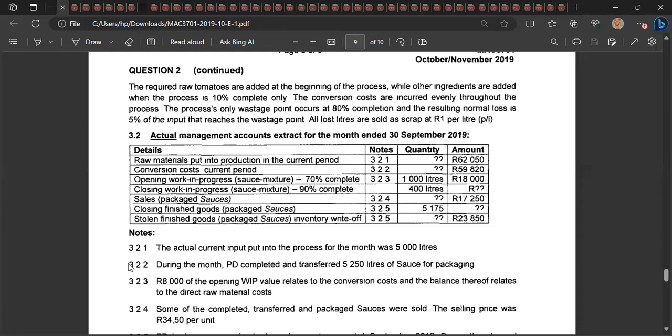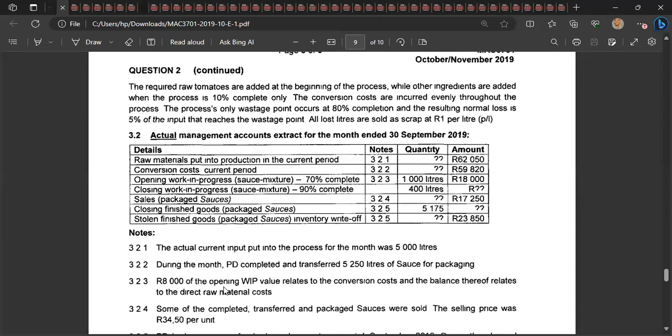Because that was incurred in the previous period. Hence, we are going to ignore it. 8,000 of the opening work in progress relates to conversion cost, and the balance relates to direct material cost. We don't really need that in this current period, so we leave that out.